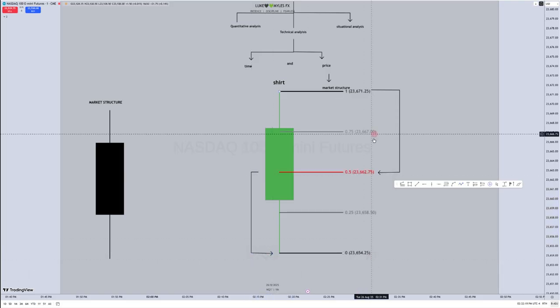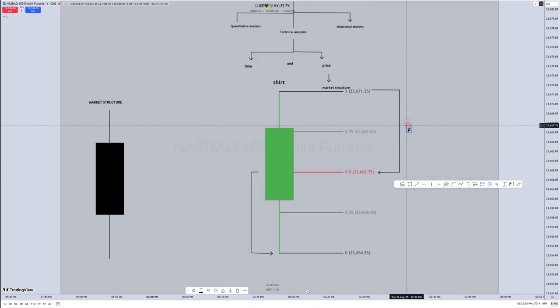So above the 50% or above the initial price is called premium. That is when the price of the chart is at its premium, or it's at its highest. And then below the 50%, that's when the price of the chart is discounted and it is at discount. So those are the two terms.